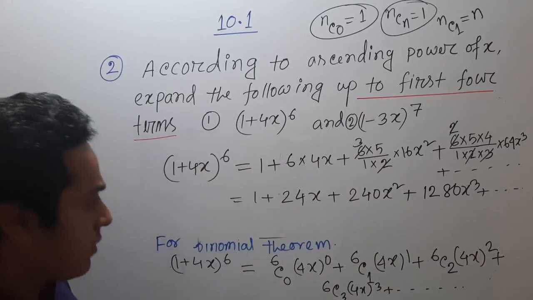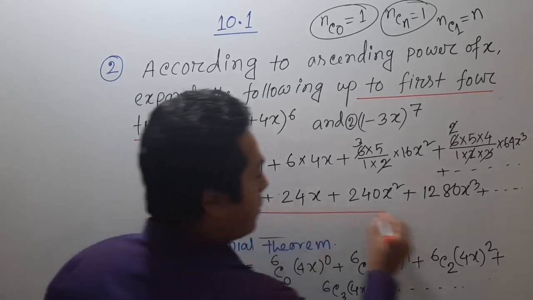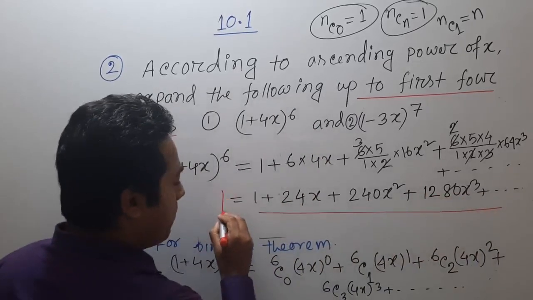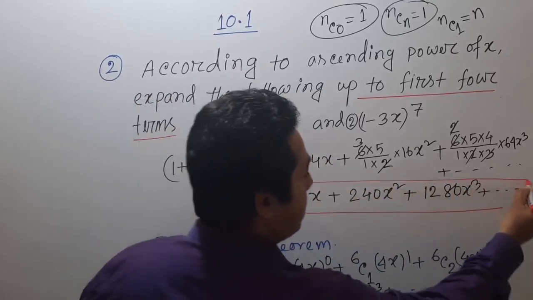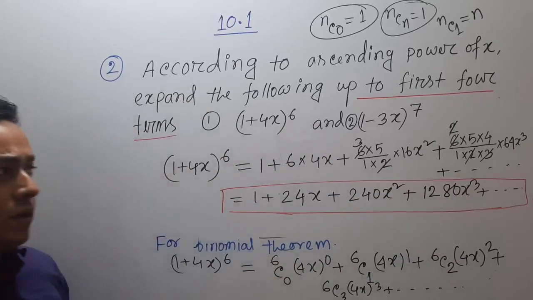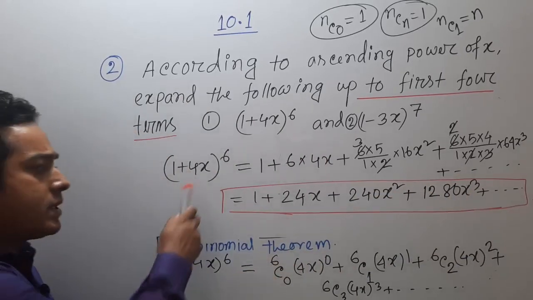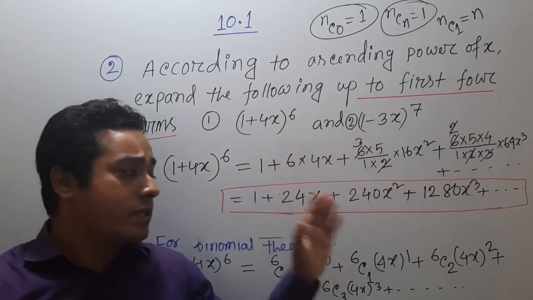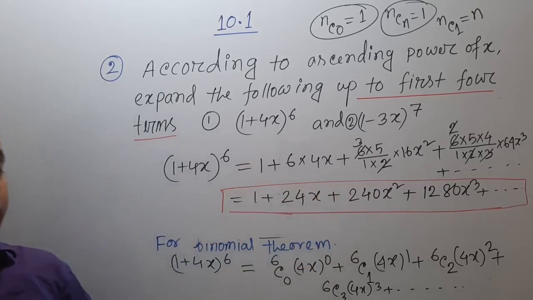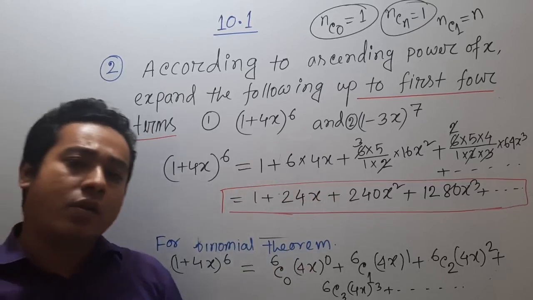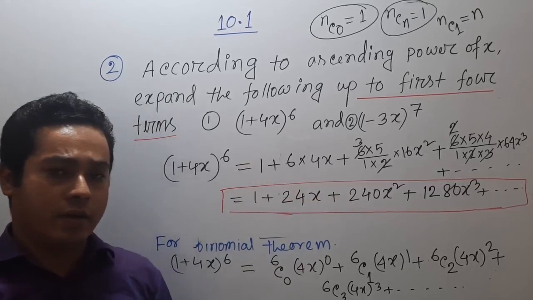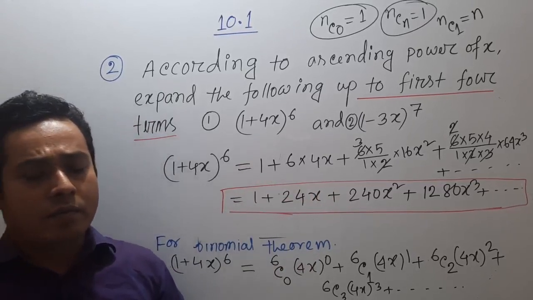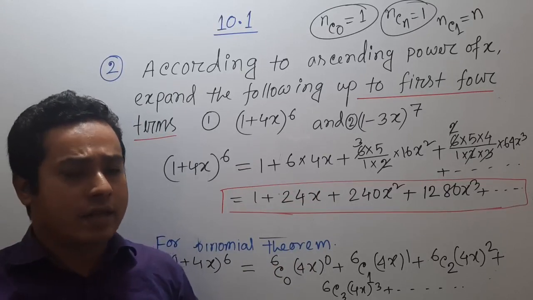This is our result of this expansion up to the first 4 terms. We can expand any binomial by using Pascal's triangle or the binomial theorem, but Pascal's triangle has a limitation.